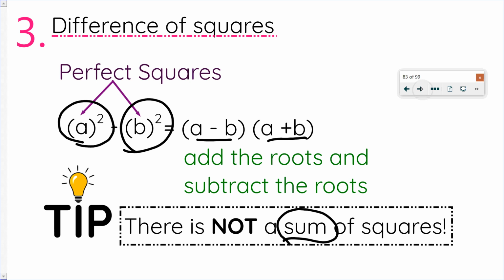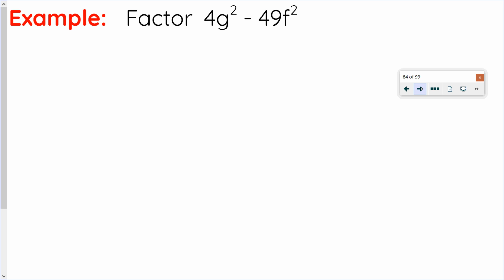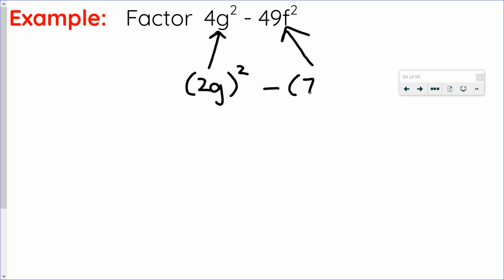So let's look at this one here as our last example. These are both perfect squares because 4g squared is the same as 2g all squared, and 49f squared is the same as 7f squared. So this is going to be a difference of squares. Difference because it's subtracted, squares because they're perfect squares.